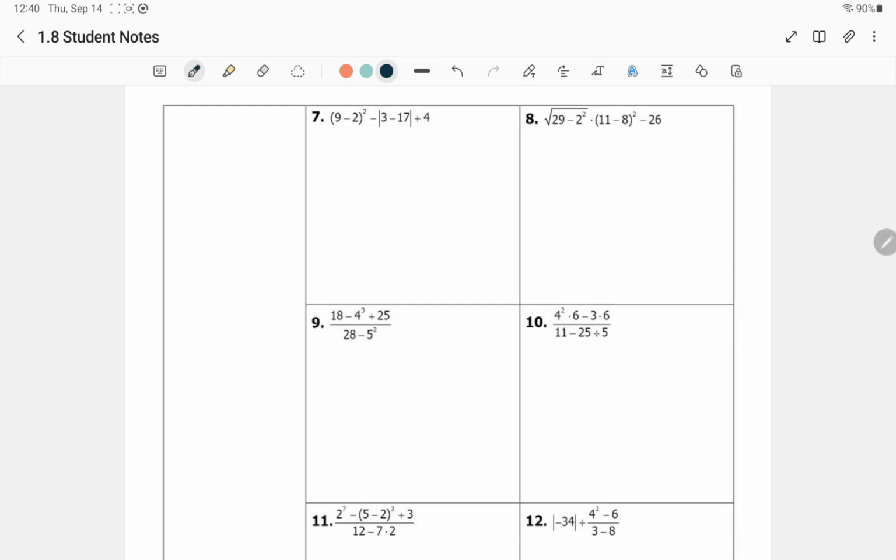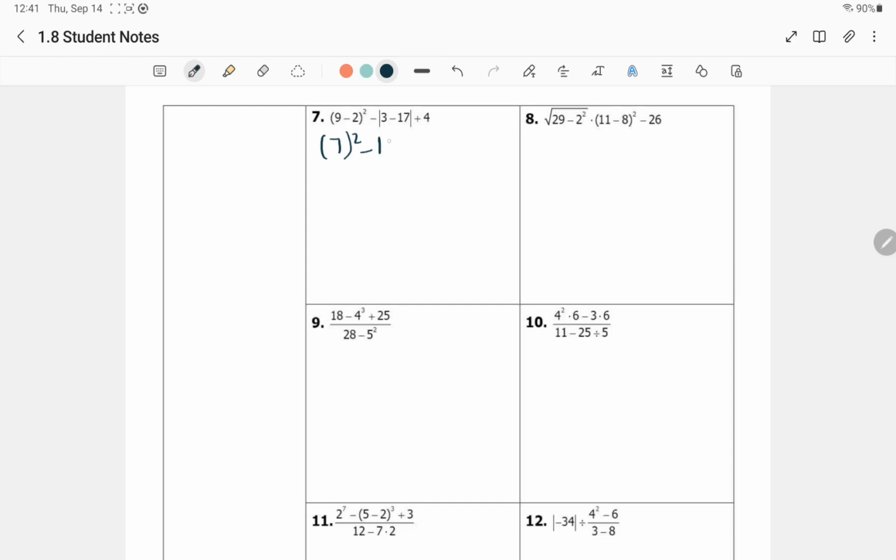There it is. All right, parentheses. We have 9 minus 2 in parentheses, which is 7. So it'll be 7 squared minus, I see the absolute value. So I left the subtraction sign because it's on the outside of the absolute value. So 3 minus 17 is 14.